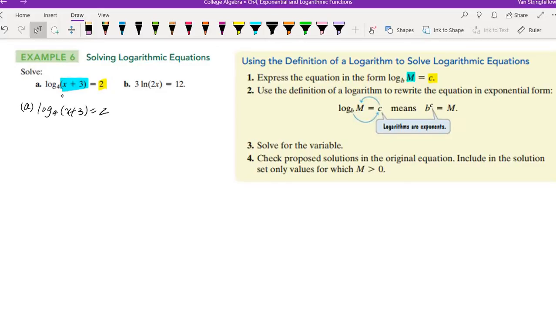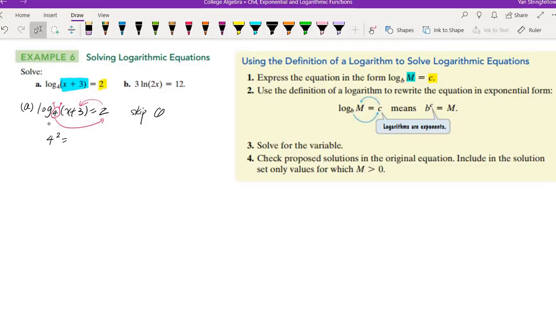Because the equation is already in the form log base b of m equals c, we're going to skip step 1. Then step 2, we use the definition of a logarithm to rewrite the equation in exponential form. Remember we did this snail last time, so we write 4 to the second power equal to m.